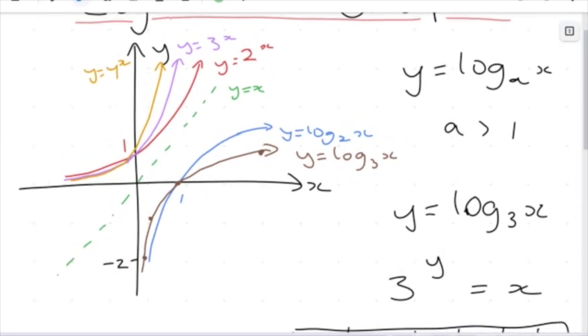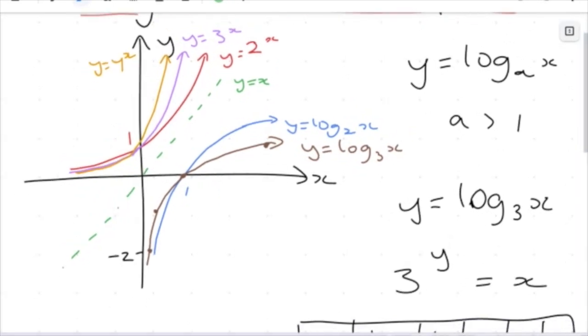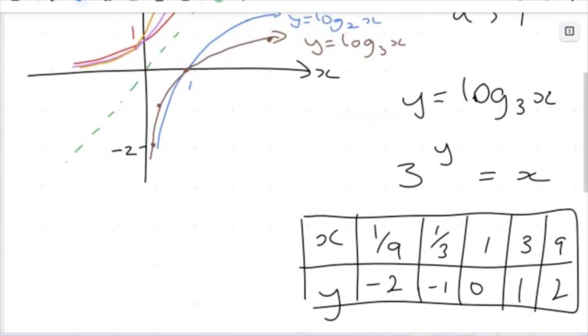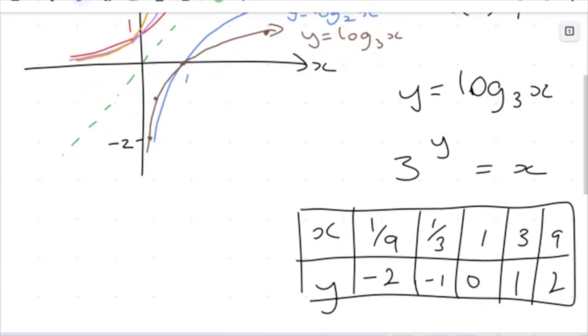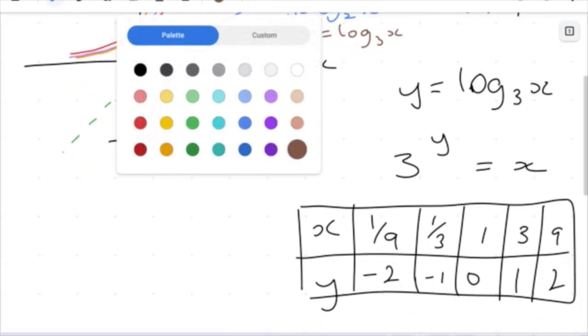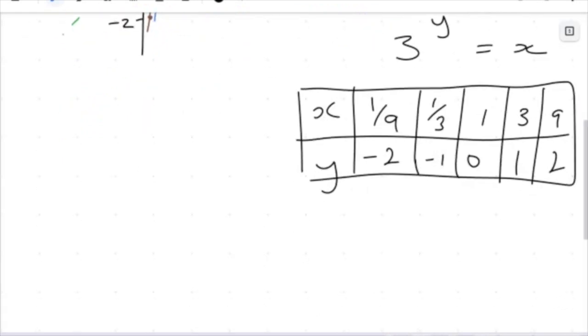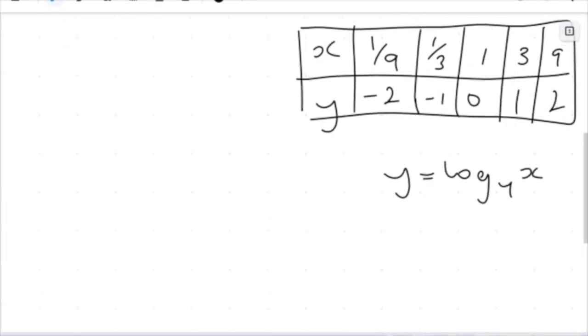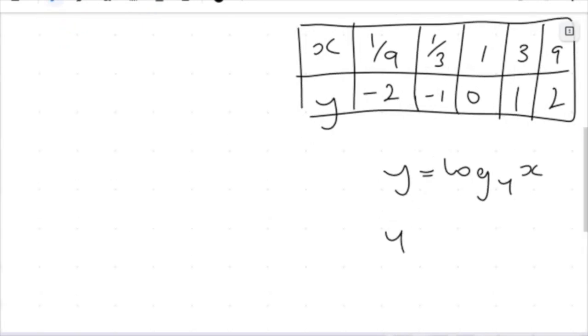So we can start to think about what's going to happen as this base number a gets bigger and bigger and bigger. We're going to try this for one more, for y equals log to the base 4 of x. We can rewrite this with a base of 4.